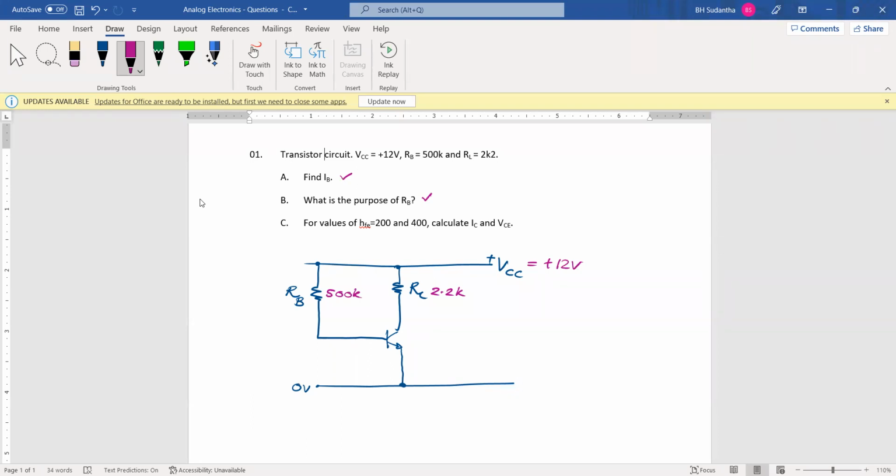Shall you spend a couple of minutes? HFE is 200 one time, and another time 400. For 200 you can calculate IC, and for 400 also you can calculate IC, and you can calculate the respective VC values also.